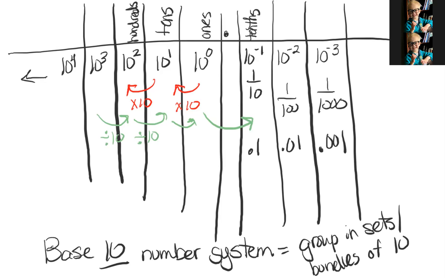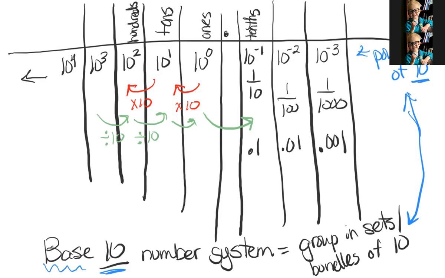of 10. We have powers of 10, and that's what this idea of grouping means. If we were in a different base, here we're in base 10, so we see powers of 10.